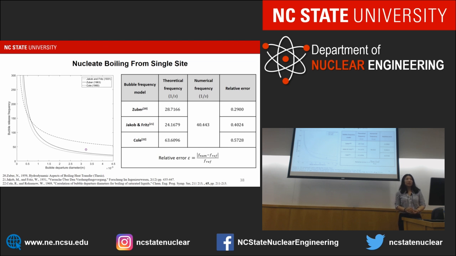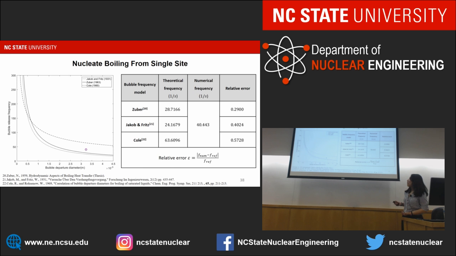I'm seeing one of the references that goes back to 1931, which is a German one, Jakob and Fritz. Yes, it's still valid. Some of the very old references are really fantastic and valid for being used, because here in 69 you have the correlation of bubble departure diameter, and in 59 you have the hydraulic aspect of boiling heat transfer, which was a thesis back in 59.